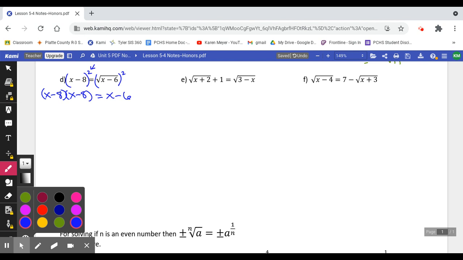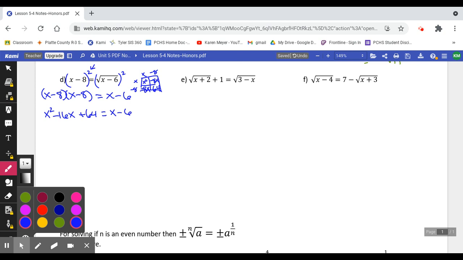So then you need a box or FOIL, whichever one you want to do. I'm going to make a little box up here. I've got x minus 8, x minus 8. So x squared minus 8x minus 8x plus 64. So you're looking at x squared minus 16x plus 64 equals x minus 6.